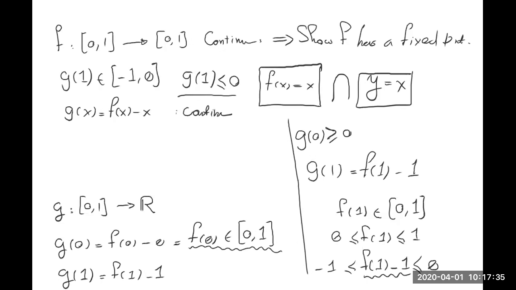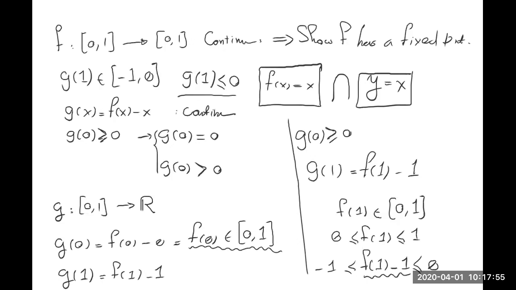Now, g of 0 is greater or equal than 0. There are two cases. Either g of 0 is equal to 0, this is one case, or g of 0 is positive.